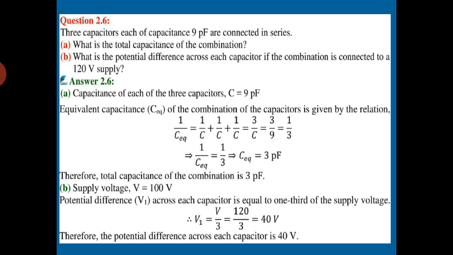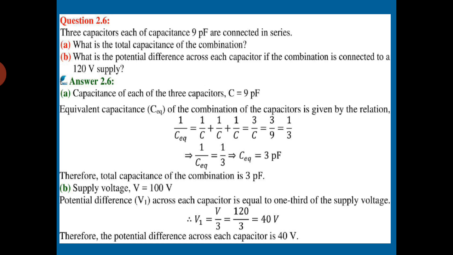We know the formula to calculate the equivalent capacitance in series combination. Use that formula: 1 by C equivalent is equal to 1 by C plus 1 by C plus 1 by C. This will come out to be 3 by C. And C here is 9 picofarads. Finally, C equivalent comes out to be 3 picofarads.